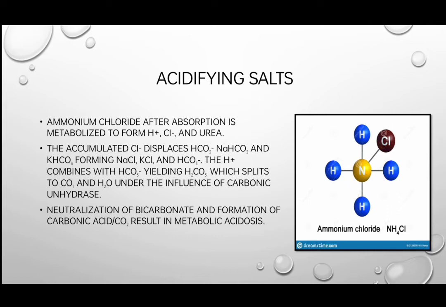The hydrogen ions combine with bicarbonate ions, yielding carbonic acid, which splits into carbon dioxide and water under the influence of carbonic anhydrase. Neutralization of bicarbonate and formation of carbonic acid or carbon dioxide result in metabolic acidosis.